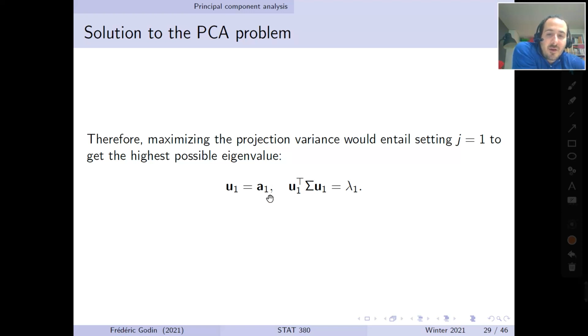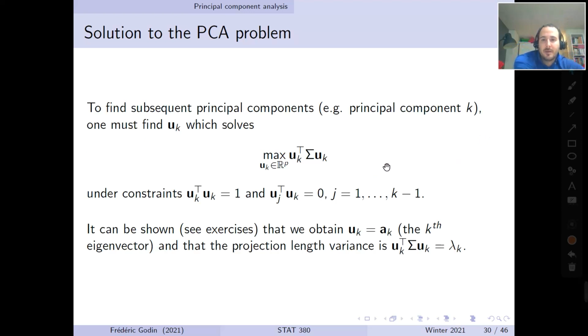In that case, if we use u1 equal to a1, the first eigenvector, then we've seen that the sample variance of projection length is equal to lambda 1. So here we've identified the first vector u in the PCA. The first vector u will be used as the first axis in our alternative basis representation, which we've illustrated in the previous example.